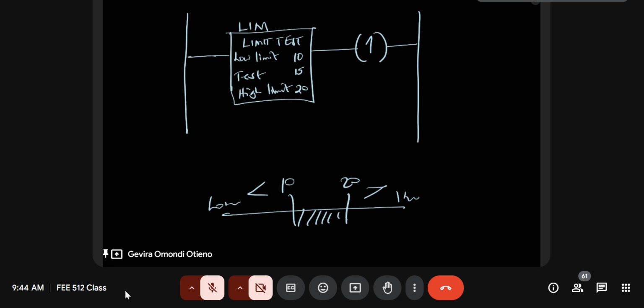Now, we are writing the values in terms of numbers, just like even in timers, we were writing the preset values in numbers, maybe 5 seconds, because that's what we understand. But in computers, it's going to be in terms of binary.